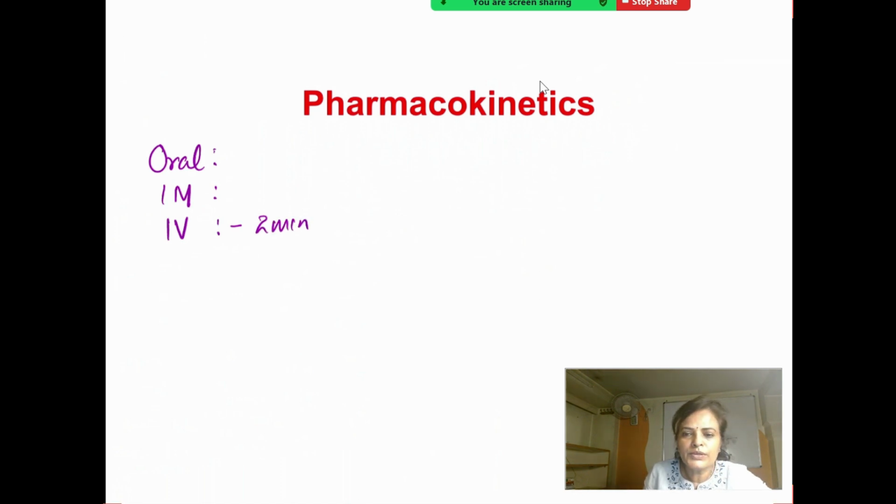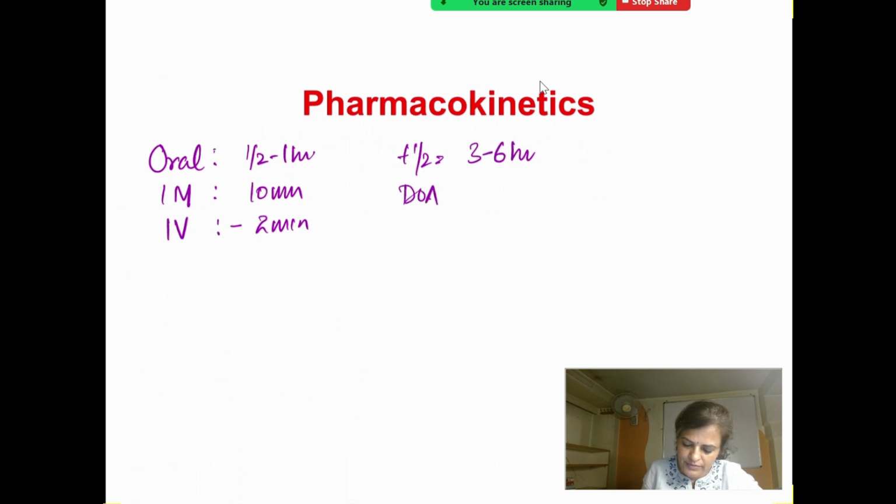By IM route it is going to act within 10 minutes. And if you give it by oral route, it is going to take half an hour to 1 hour. Half-life of this group of drugs is 3 to 6 hours, with a duration of action of 4 to 6 hours. It is conjugated in the liver.